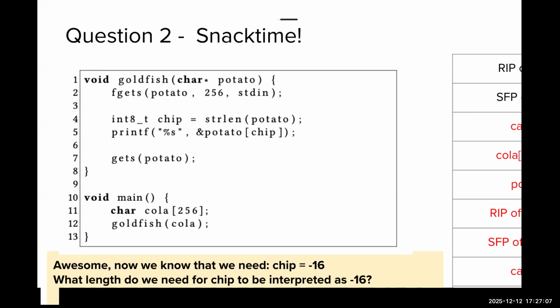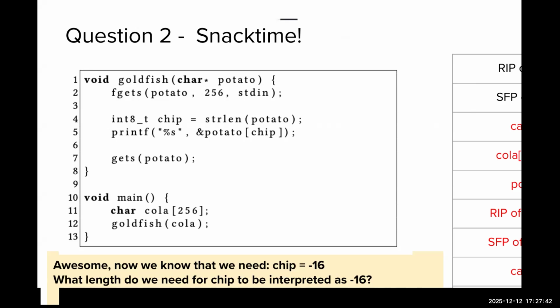That's kind of tricky, but if you remember from 61C's two's complement, if the most significant bit of a signed integer is a 1, that indicates the value is negative. So 1 and then 7 zeros, 1 0 0 0 0 0 0 0, is the minimum value of that signed integer, which would equal negative 127.